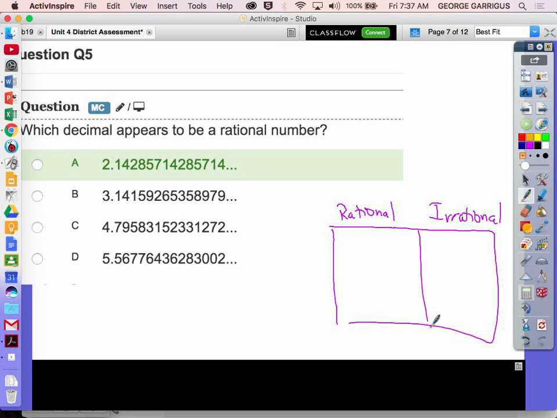And in that diagram, the rational numbers were broken up in a Venn diagram where we had natural numbers, whole numbers that included 0, integers, and then we had fractions, and we had terminating decimals like 0.45.